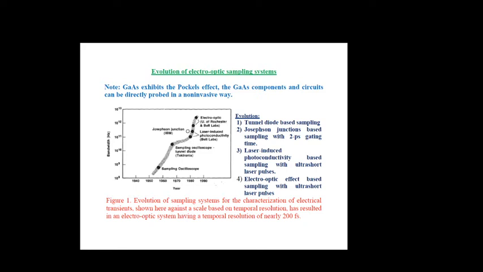With advances in ultrashort laser pulses, new techniques were developed using laser-induced photoconductivity. It is reported in another paper, and the electro-optic effect is used again with laser-induced photoconductivity for electro-optic sampling.